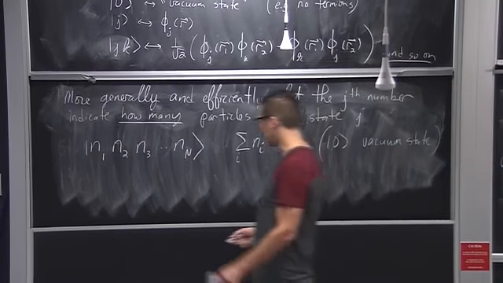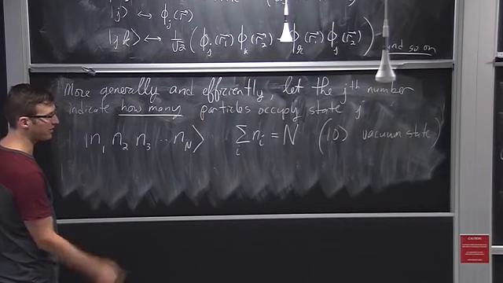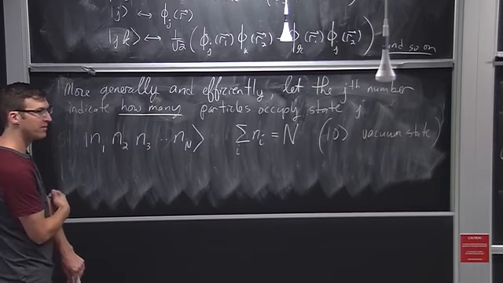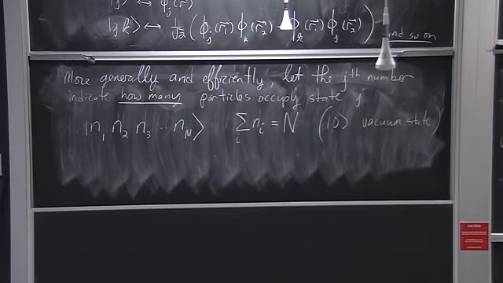These occupation numbers have to obey the boson or fermion properties, in particular that Pauli exclusion principle, where you can't have 2 particles in the same state. So you can only have 0 or 1.